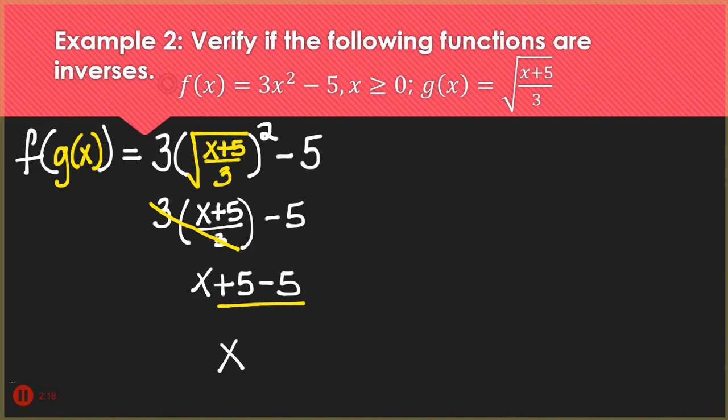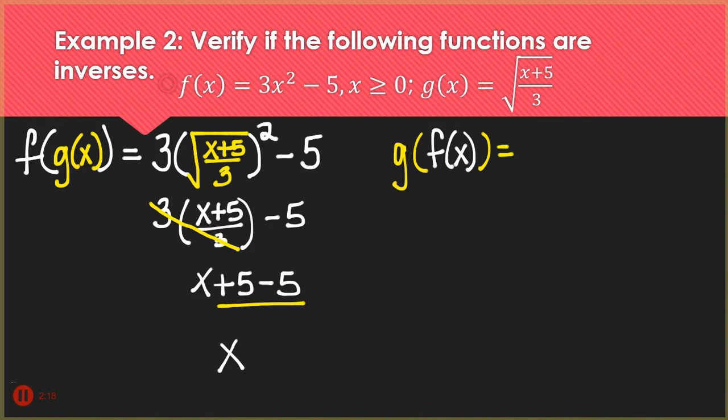So far, it is looking like the function f of x and g of x are inverses, but let's be sure by composing f into g. So if I take my function g of x, now I'm going to put f of x in the place of x.